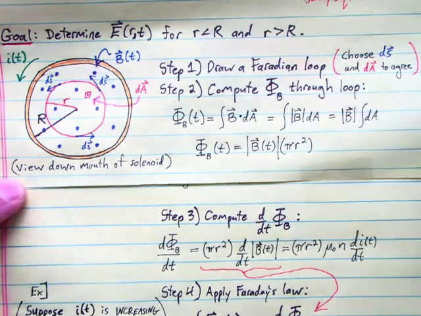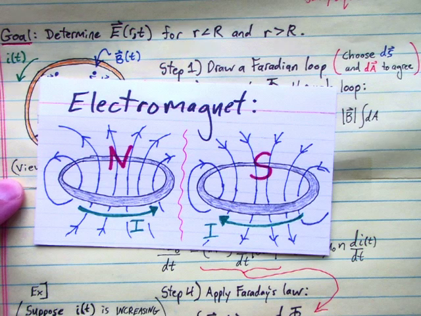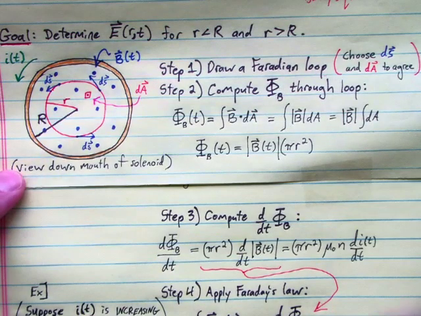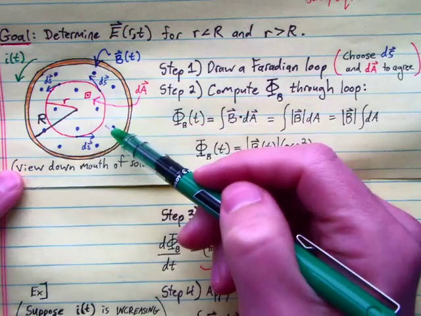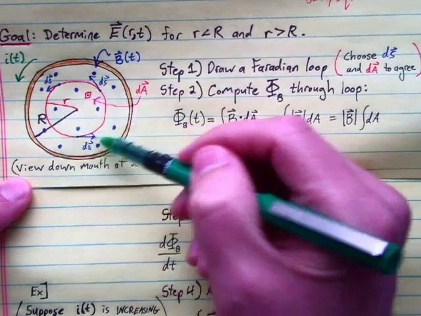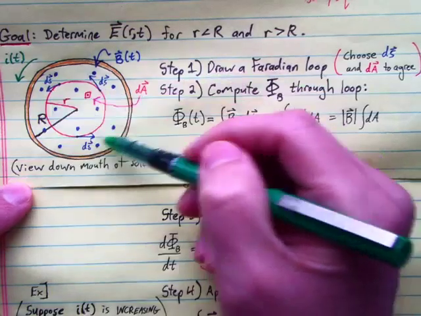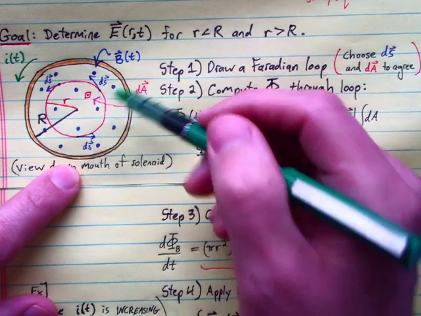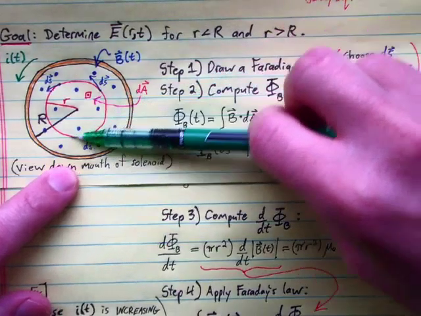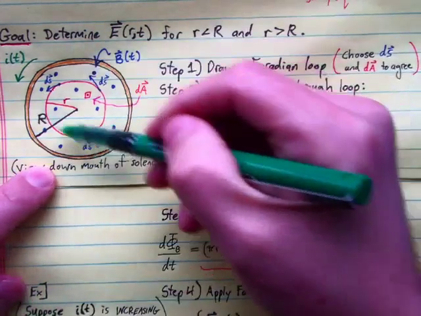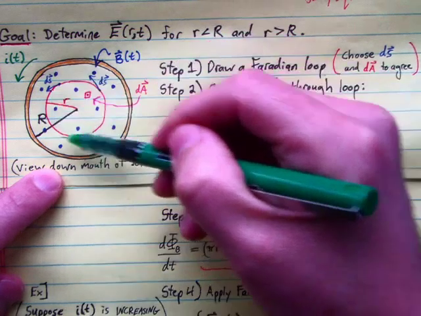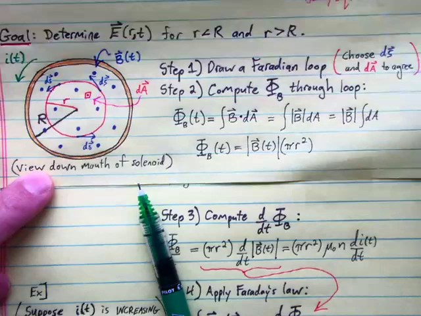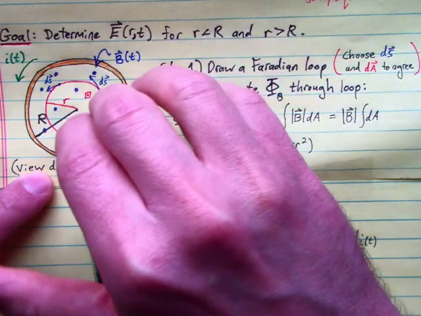Based on our knowledge of electromagnets here and the magnetic fields that they generate, we can see that if inside the solenoid here, say there was a wire loop located where this Faradayan loop is, and there was able to be current running through that loop, then if a current ran clockwise around this loop here, that current would be, according to the right-hand rule, generating B field into the page.